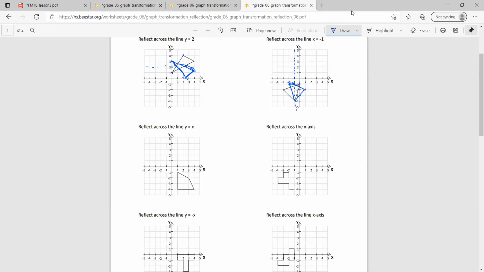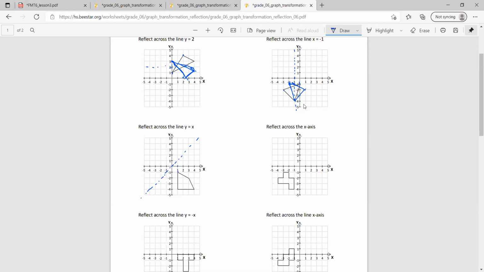And then for line y equals x. Does anyone know what the line y equals x is? So this line y equals x, because when x equals 1, y equals 1, x equals 2, y equals 2, and so on.